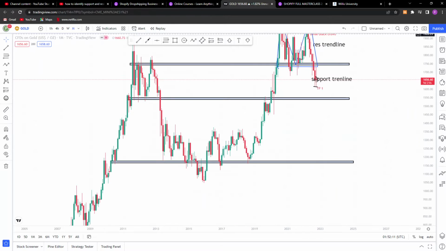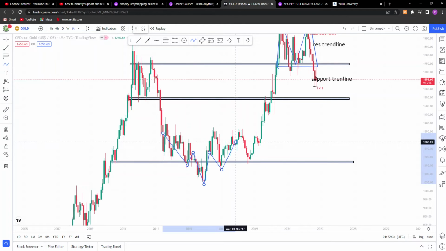Let's just go down to why price actually skyrocketed up. Now, if you look, you're going to see something like a shoulder, a head, and another shoulder.